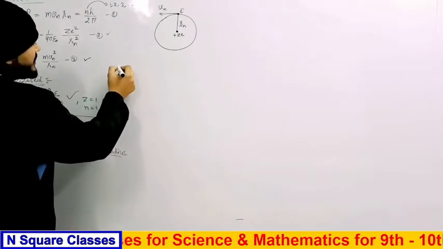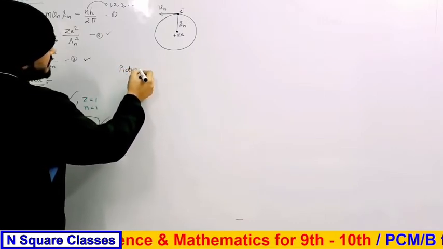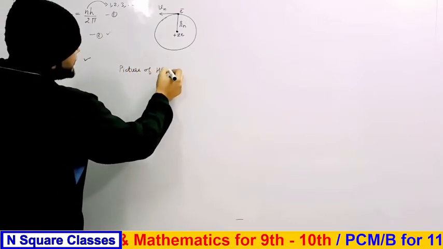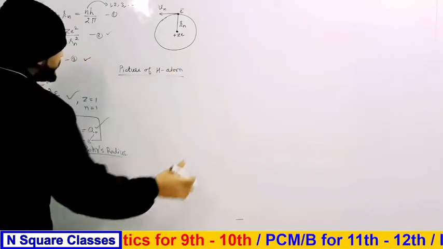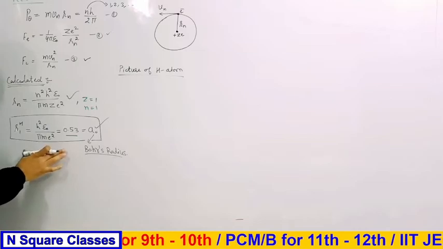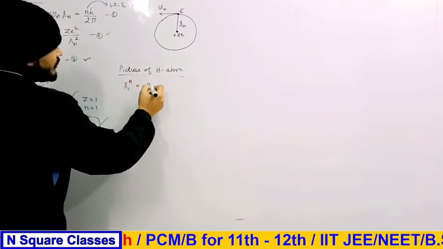Now, the picture of the H atom can be made using this result. That means we can calculate R1H. We know this is A naught.